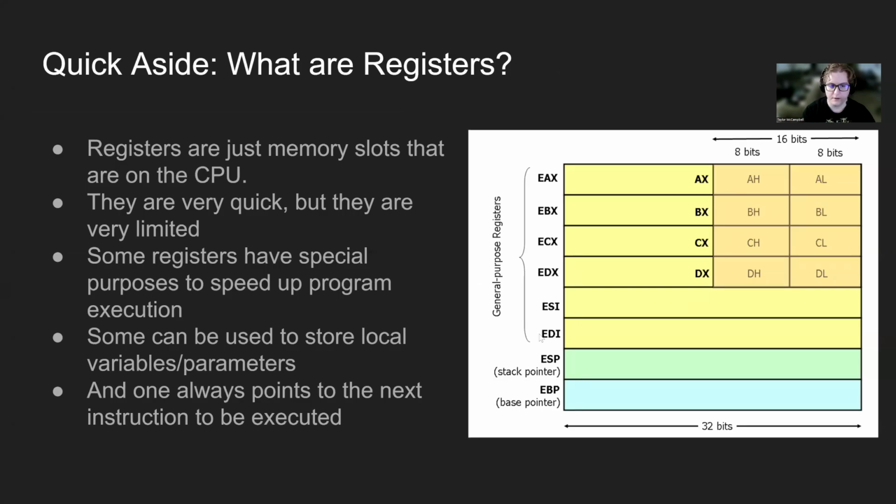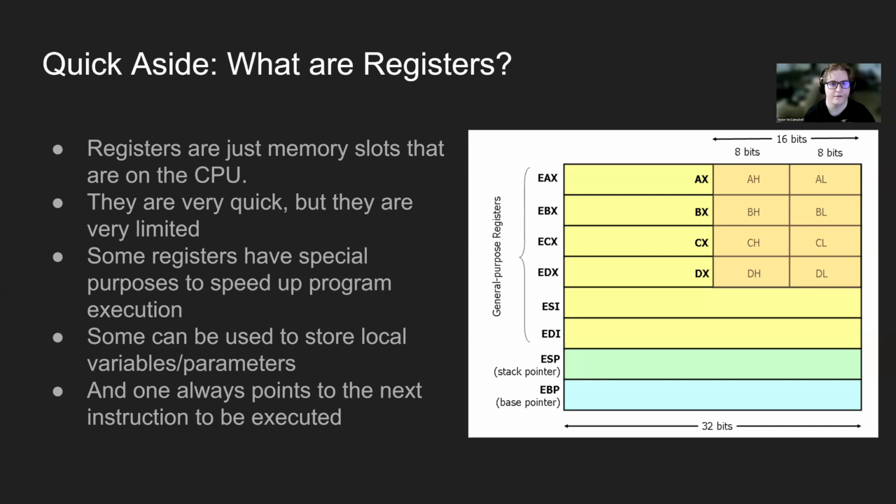And then ESP always points to the top of the stack. RSP is the 64-bit version. We're going to use it in our debugger to find where we need to go to look at the stack and examine what's going on. So if you take anything from this slide, ESP points to the top of the stack, and that's it.